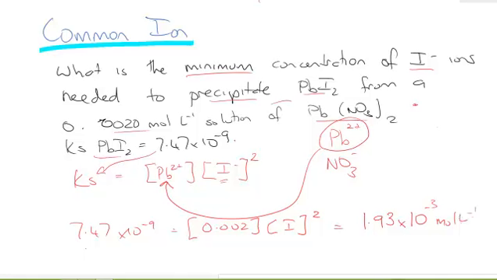So this is going to go over to that side and get divided into here, and that's going to equal [I-] squared. You have to take the square root to find this answer, and that's your final answer. Okay, so I just thought I'd throw in a question which isn't immediately obvious as being a common ion one, but it is.